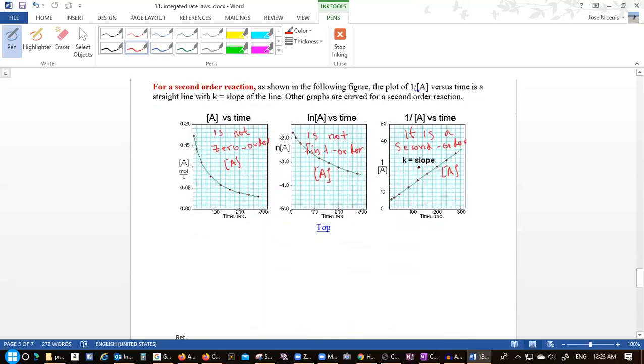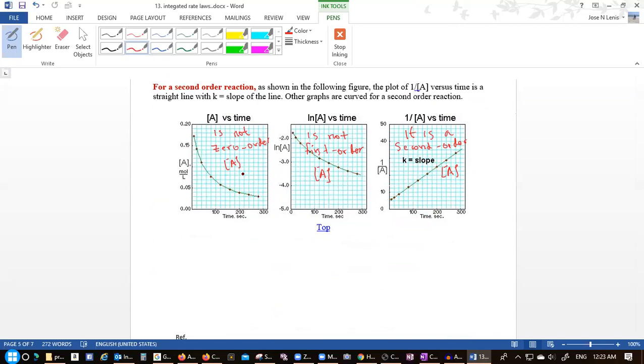And the third graph is second order, a straight line. You won't find a situation where you get straight lines in all of them. That would be really confusing, and I hope you don't get that. That would mean that the reaction behaves as both zero and first order.